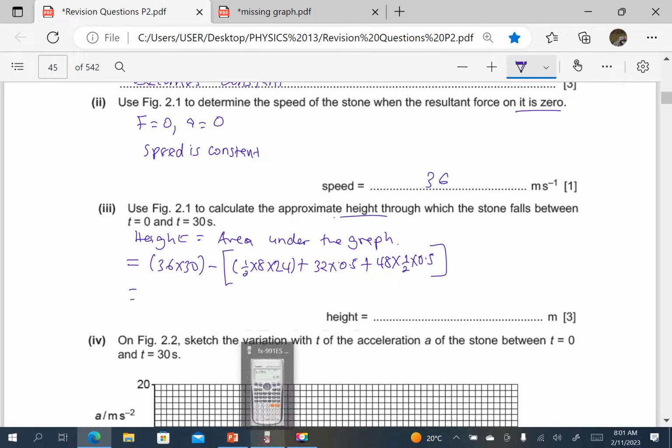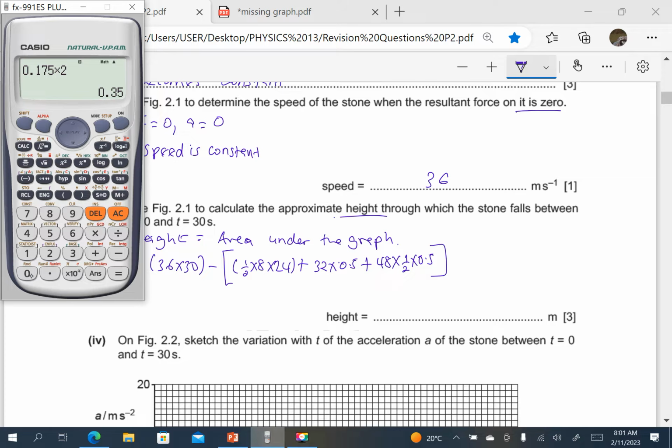So I'll check this with my calculator. In the brackets, I have 0.5 times 8 times 24, which gives me that, plus 32 times 0.5, which gives me that, plus 48 times a half, which is 0.5 times 0.5, which gives me that value there.